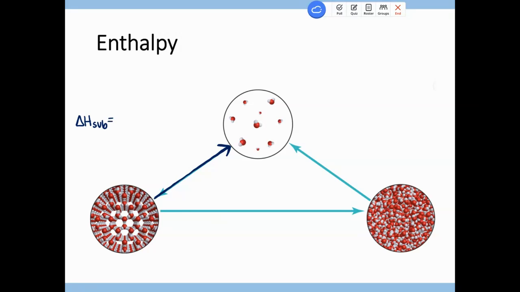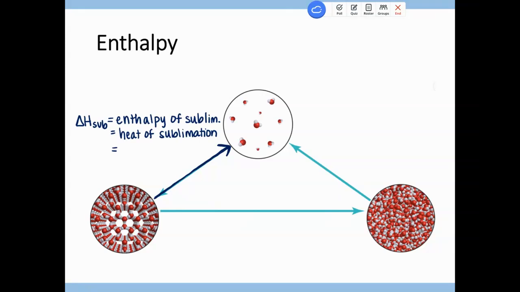Delta H of sublimation is termed enthalpy of sublimation, or heat of sublimation. These are two phrases that are referring to the same thing. Enthalpy of sublimation or heat of sublimation.